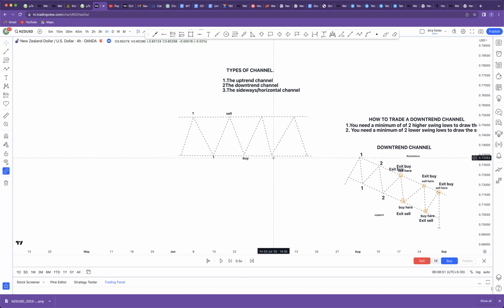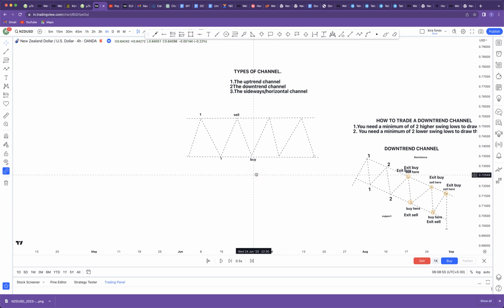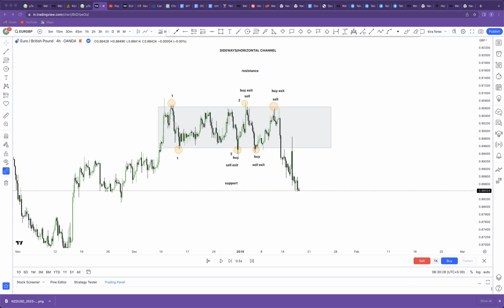So let's look at the example of the sideways or a horizontal channel on a real chart. So this is the example of the sideways or horizontal channel. We have our resistance here and we have our support here. Now when I was explaining, I said that this one is not like the uptrend channel or the downtrend channel.